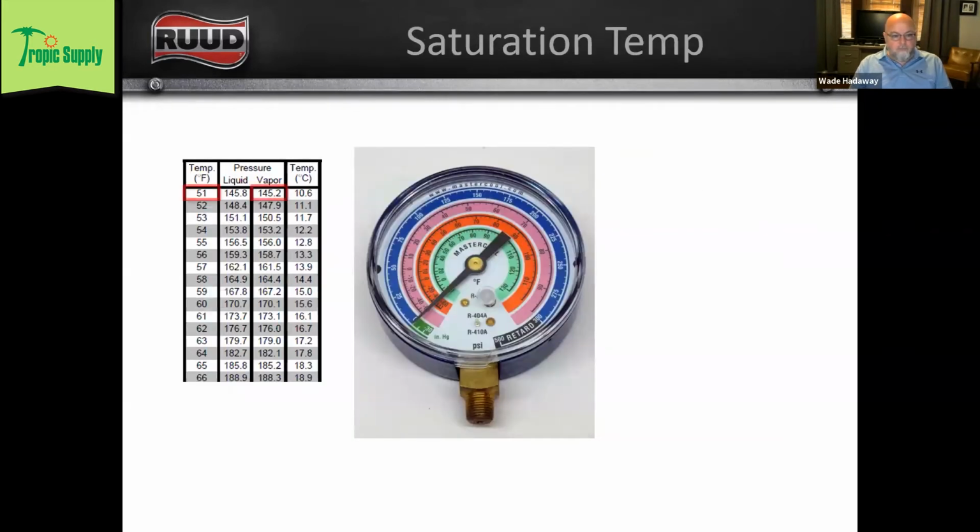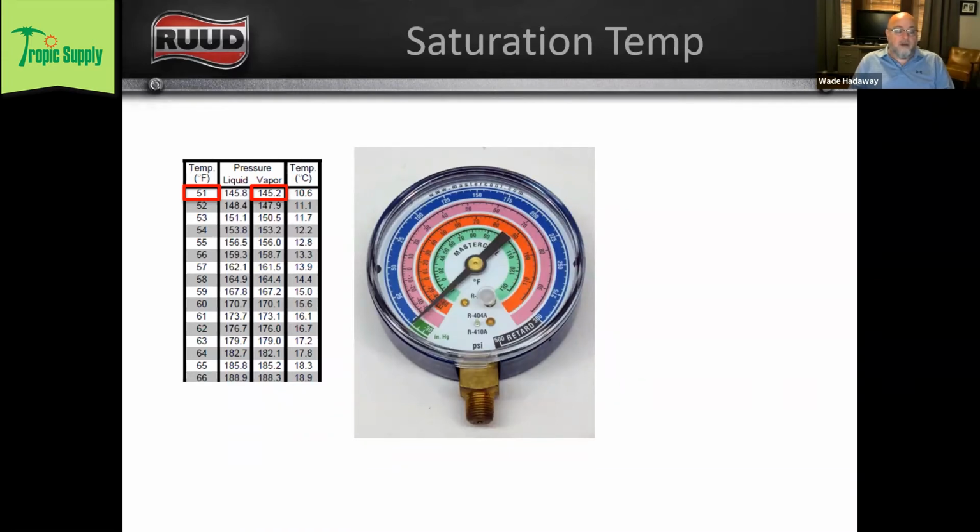So if you look at the table on the left, that is from the pressure temperature chart for R410. The pressure temperature chart tells us that at 145 psig, the saturation temperature of that refrigerant is 51 degrees Fahrenheit.